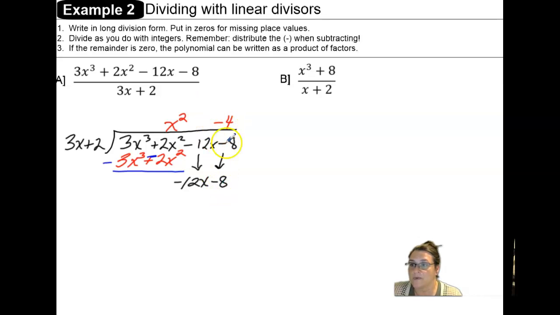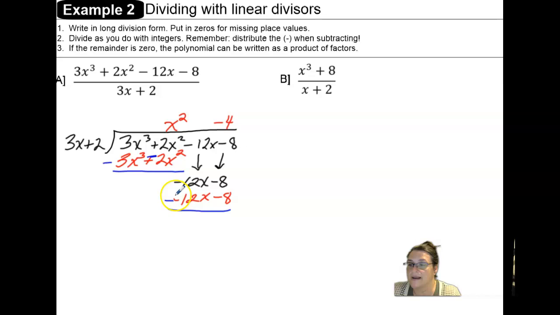And I line that up with my constant place values in my division, and then I distribute the negative 4 from the quotient times the divisor. So negative 4 times 3x is a negative 12x. Then negative 4 times positive 2 is a negative 8. And I'm going to draw a line and change the signs.